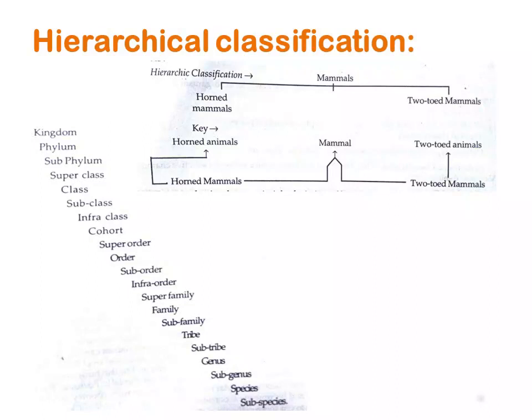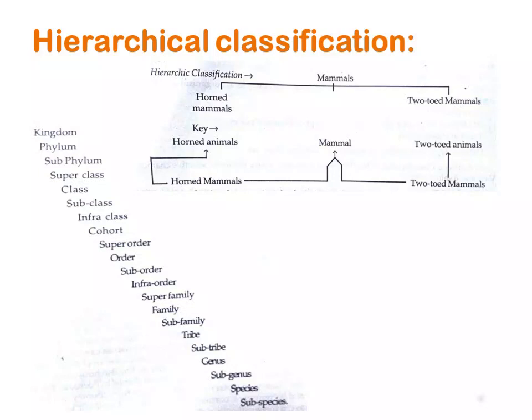Hierarchical classification. The various forms of life known to Carolus Linnaeus not only were described and named, but were arranged by him in a hierarchical succession of groups. Species which seemed similar were placed in the same genus. Similar genera were placed together to make up a family.